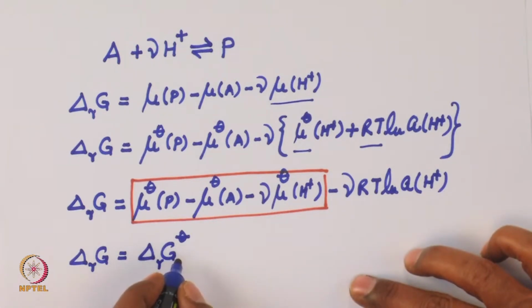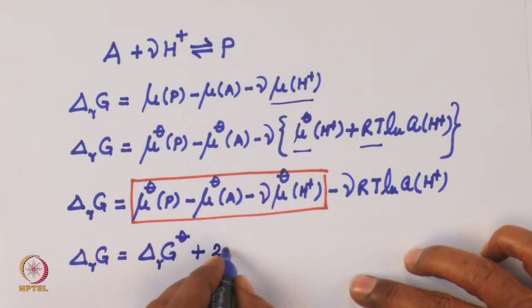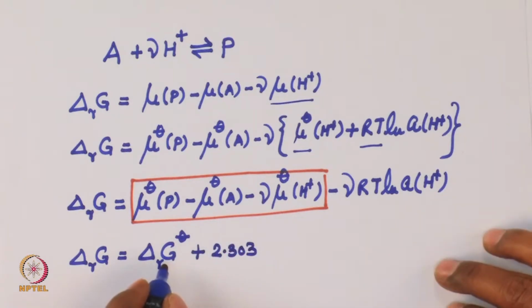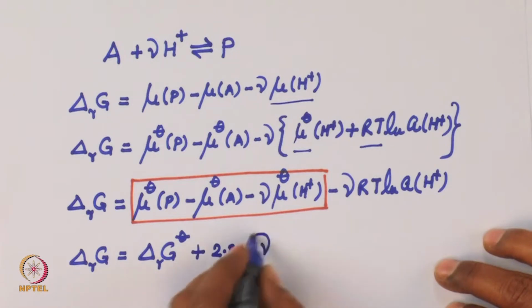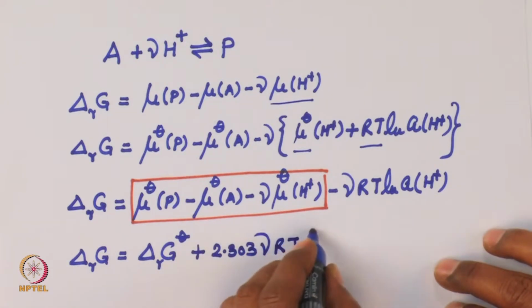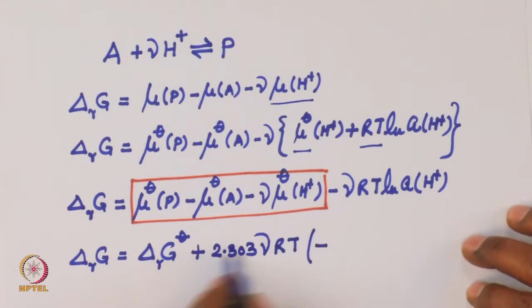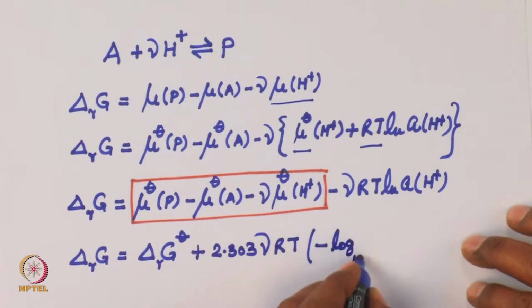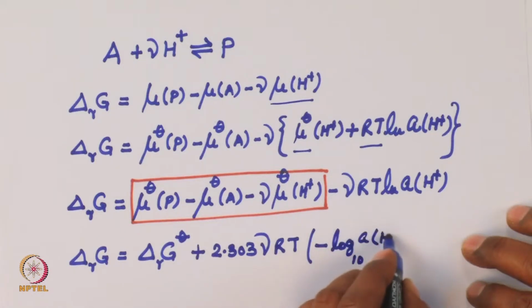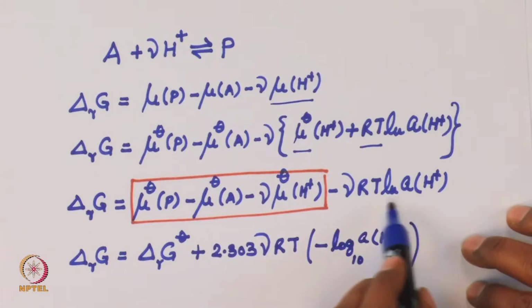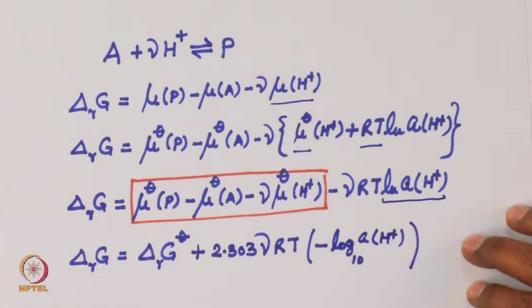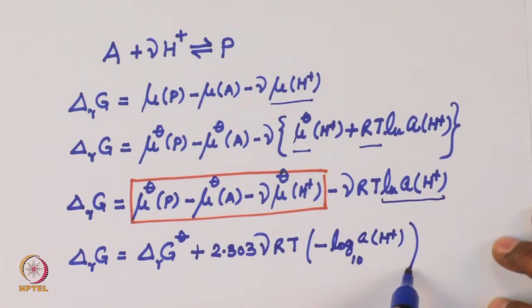Let us write like this, plus 2.303 nu RT into minus log base 10 activity of hydrogen ion. I have written this as 2.303 into log base 10, and let us remember that minus log base 10 activity of hydrogen ion is equal to pH.